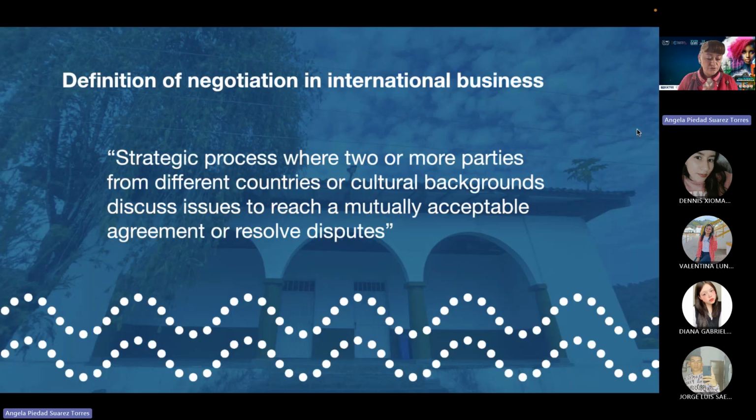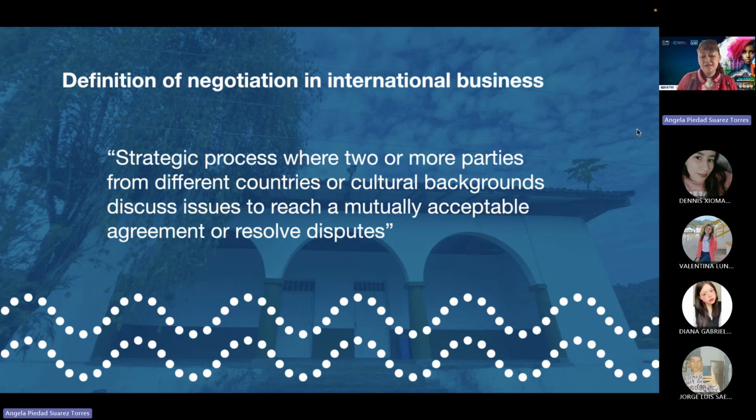So first of all, we're going to remember what we understand by negotiation in international business. One of the definitions that we can find is that it's a strategic process where two or more parties from different countries or cultural backgrounds discuss issues to reach a mutually acceptable agreement or resolve disputes.